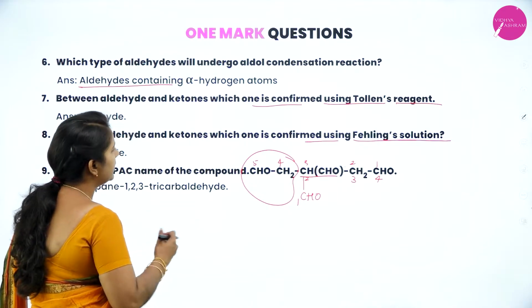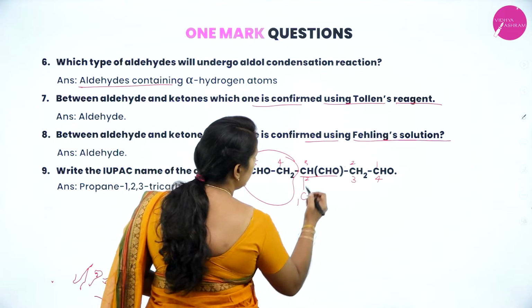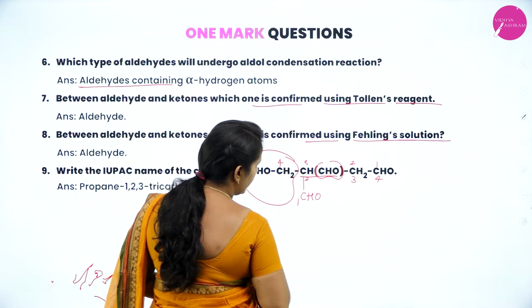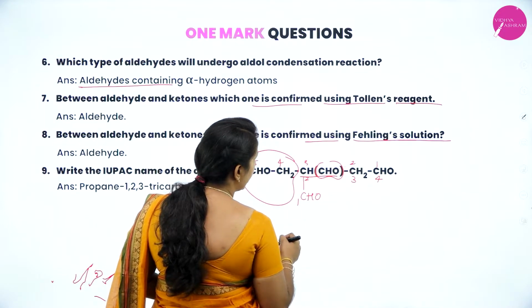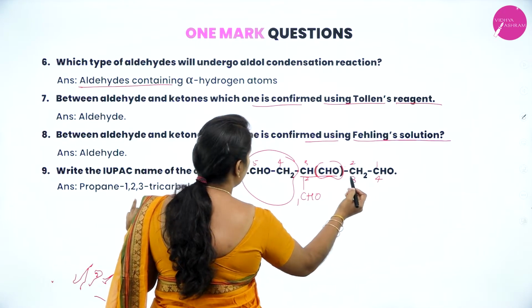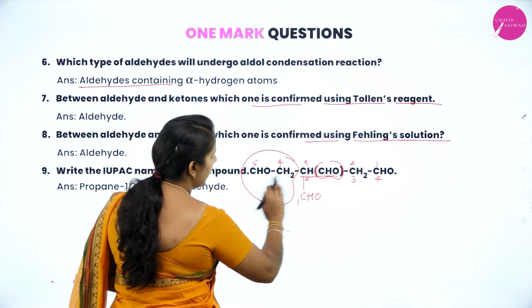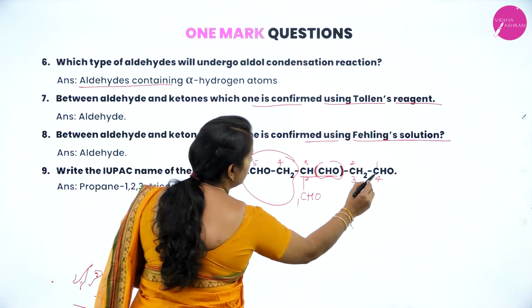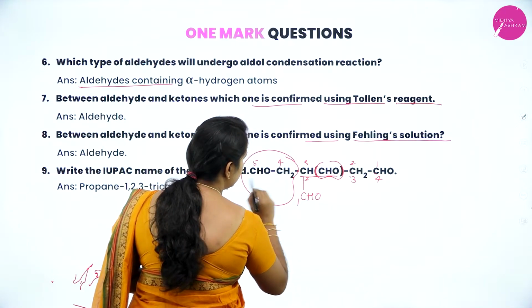So where exactly are the functional groups attached? You can see that these functional groups are attached to the second and third carbon atoms. Correct? So I can write 1, 2, 3 trichloroaldehyde. So how come it is 1, 2, 3?